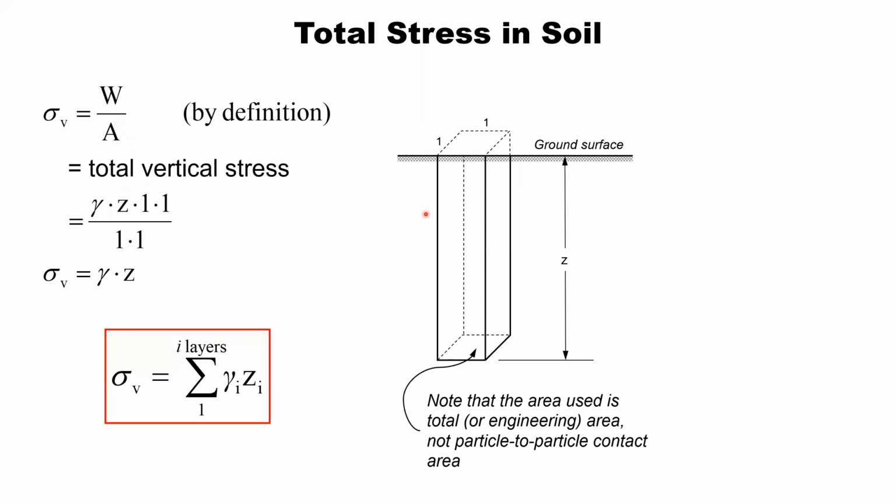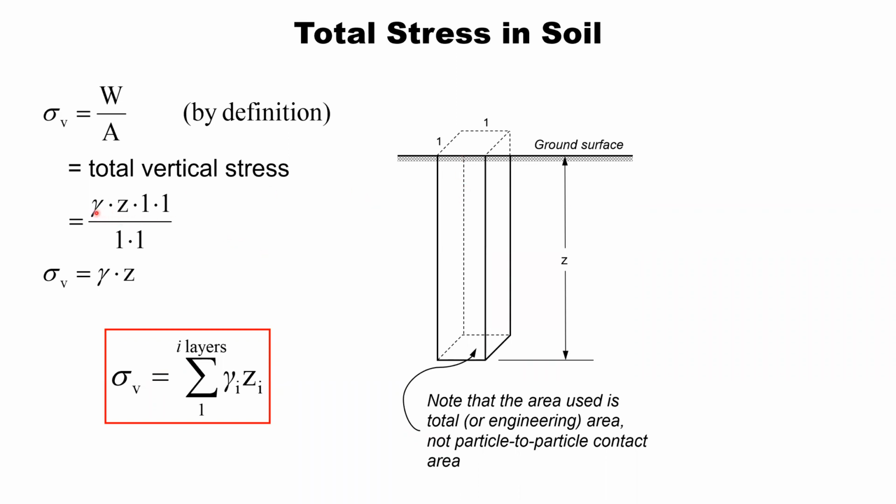We can calculate the weight if we know the unit weight of this material. If we take that unit weight of soil, which is density times the acceleration of gravity, so this gamma term here is rho, density times g, the acceleration of gravity.